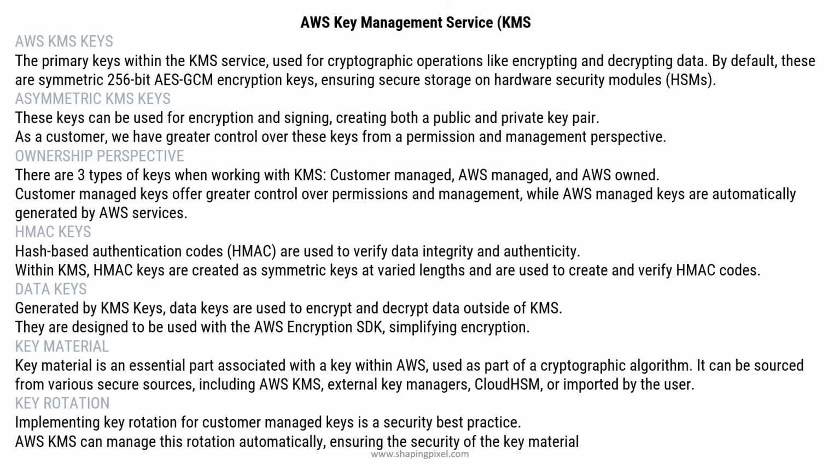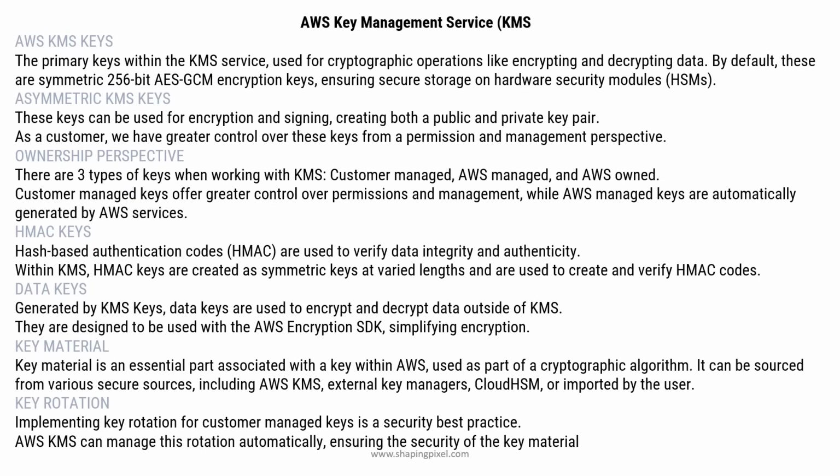There are three types of keys when working with KMS: customer managed, AWS managed, and AWS owned. Customer managed keys offer greater control over permissions and management, while AWS managed keys are automatically generated by AWS services. Hash-based message authentication codes are used to verify data integrity and authenticity.